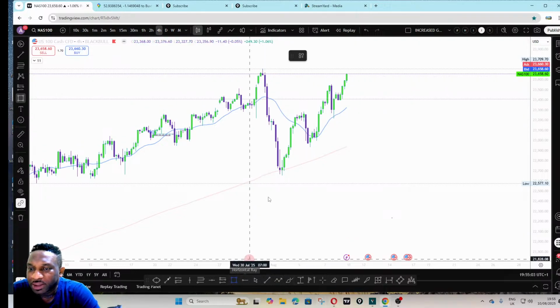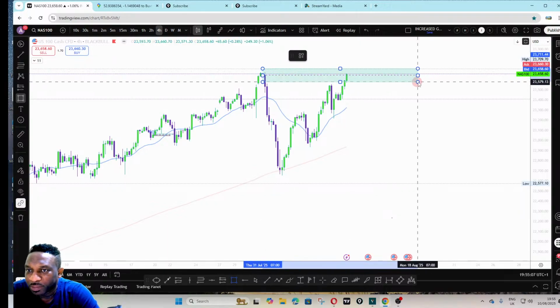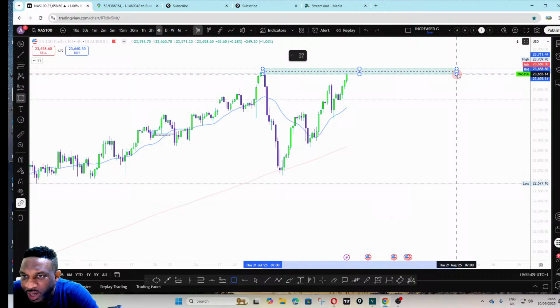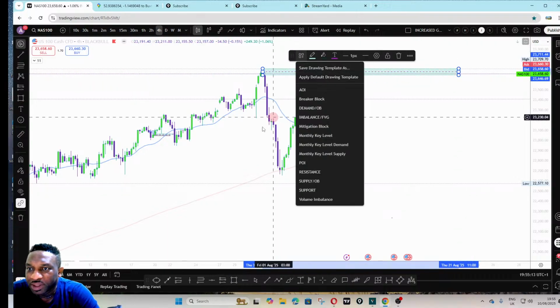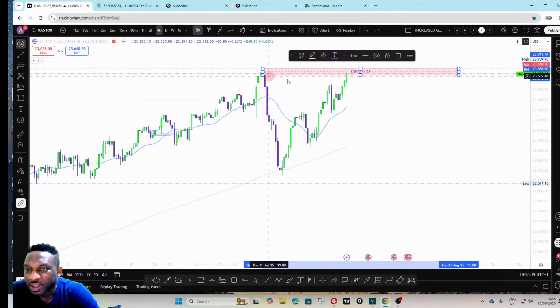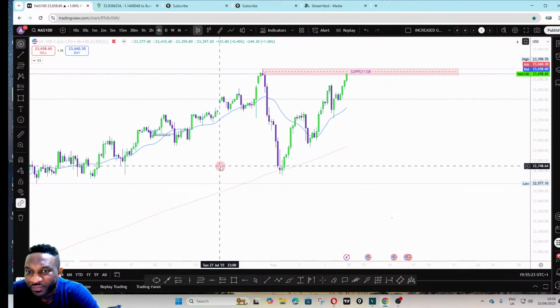So we mark that this is the origin. We have a supply zone right here. So mind you, this is the all-time high of NAS. So that's a supply zone that we have there. That's a key area that we have currently.